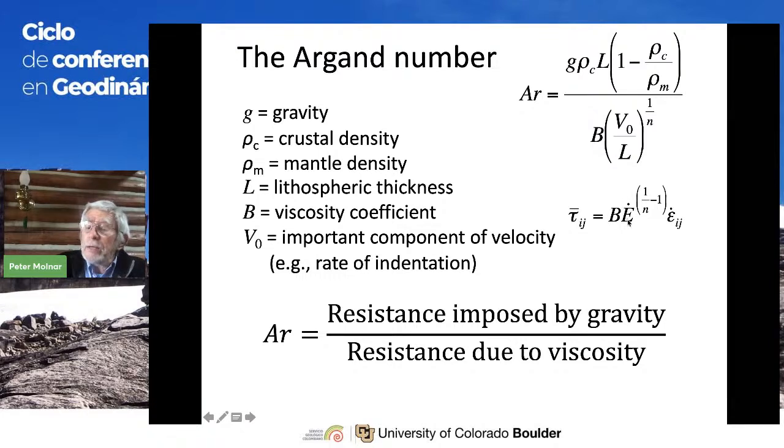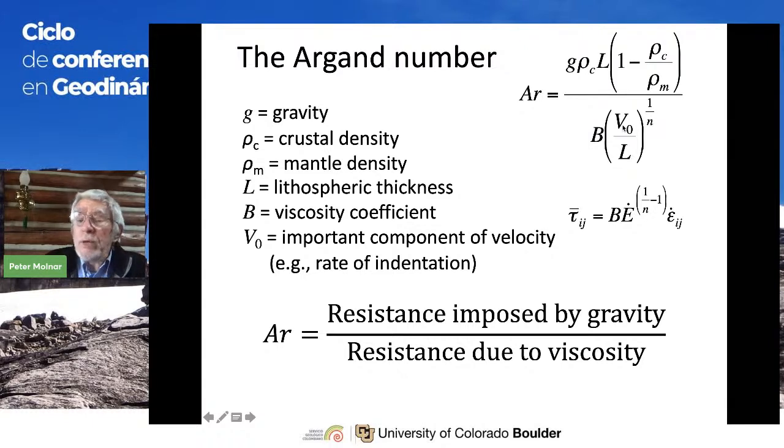And then the product of these quantities is essentially a strain rate raised to the 1 over n power, right? E dot has the units of strain rate, epsilon dot ij has the units of strain rate. Well, you multiply them together, and what's left is this 1 over n.